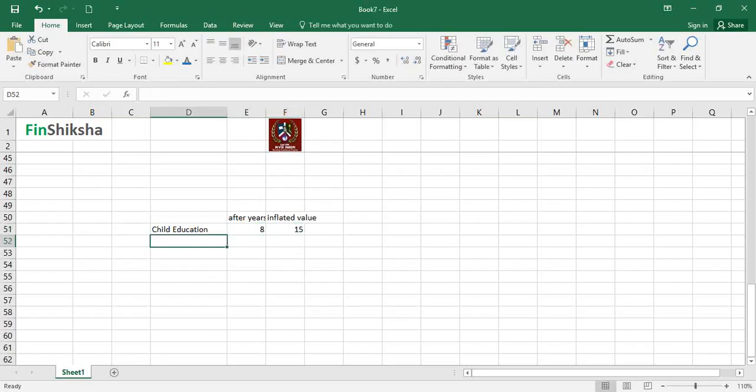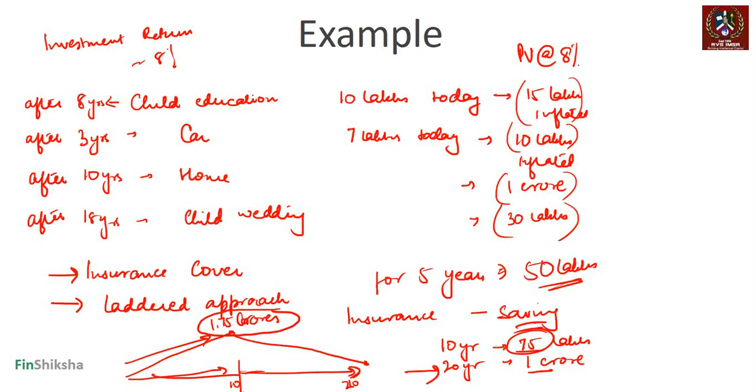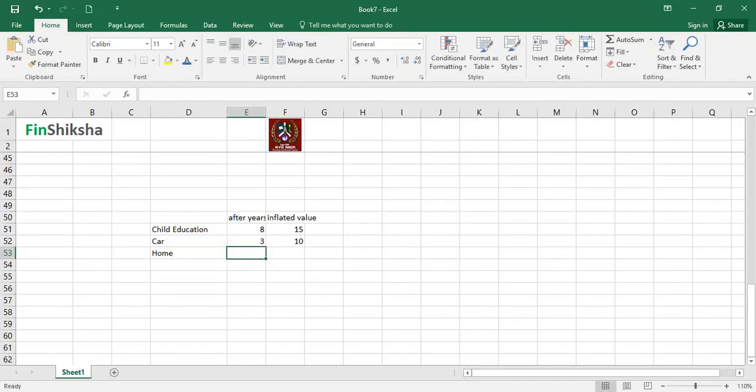Then we have a car after 3 years, inflated value 10 lakhs. Then we have a home after 10 years, inflated value is 1 crore or 100 lakhs. And then we have child wedding after 18 years, inflated value is 30 lakhs, correct?